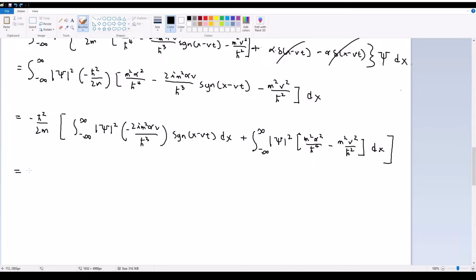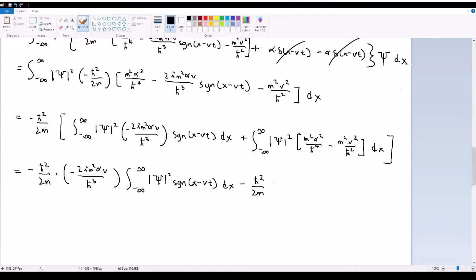So I'm going to get negative h bar squared over 2m multiplied by negative 2im squared alpha v over h bar cubed times the integral from negative infinity to infinity of magnitude psi squared signum x minus vt dx, minus h bar squared over 2m times m squared alpha squared h bar fourth minus m squared v squared over h bar squared, times the integral from negative infinity to infinity of magnitude psi squared dx.